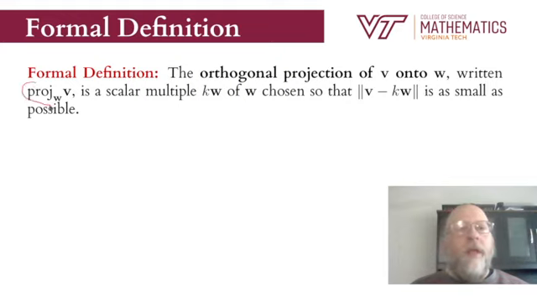It is the abbreviation of the word projection. V is the vector that's being projected. The little subscript W is the vector being projected onto. It is a multiple of W chosen so that the magnitude of this difference vector is as small as possible.